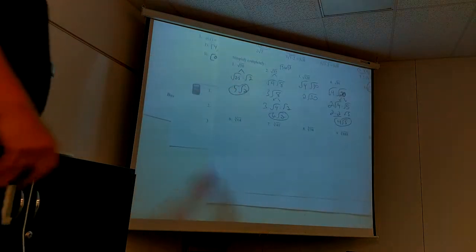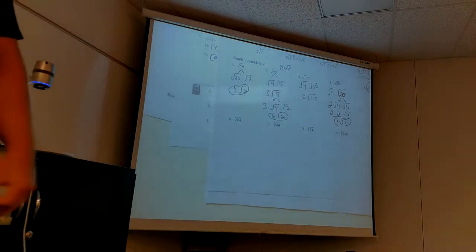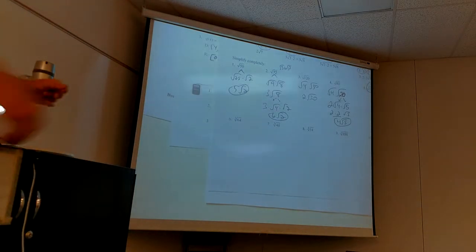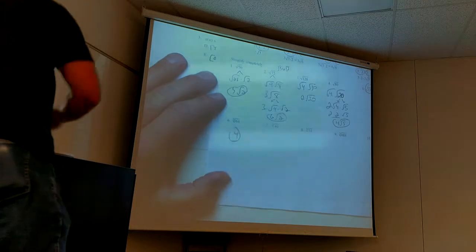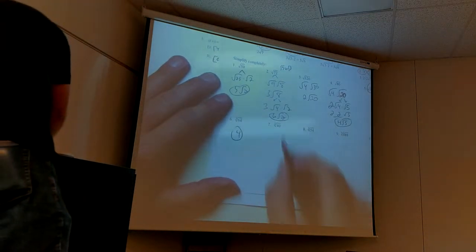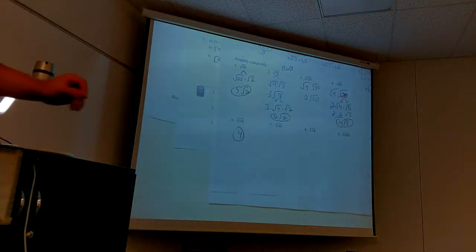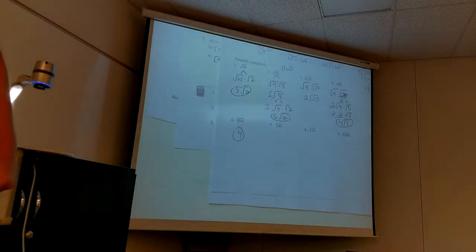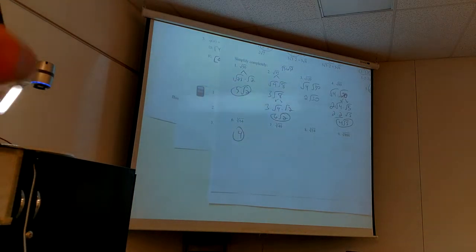Cube root of 64, you should know that. That's an easy one. I just gave you an easy little softball. That's 4. Done, right? What about this guy, though? It's a cube root, so what numbers do I try to divide into 40? 2 cubed is 8, so does 8 go into 40? Yes.